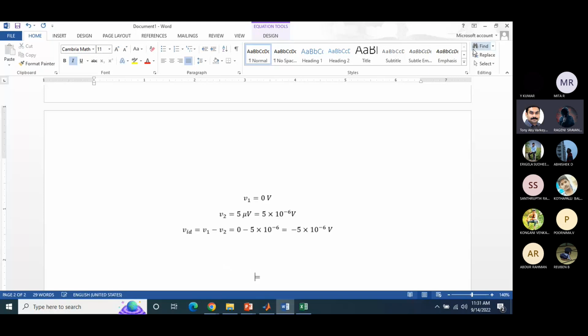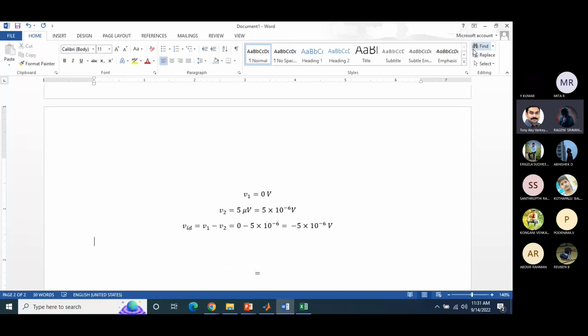And let us consider A, the voltage gain of the op-amp, as 2 into 10 power 5. Then what is the output voltage? A into VID, correct? So A is 2 times 10 raised to 5 times minus 5 times 10 raised to minus 6. So how much is this?